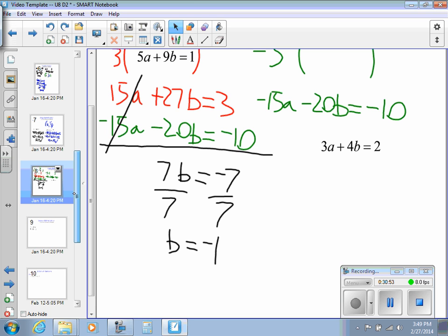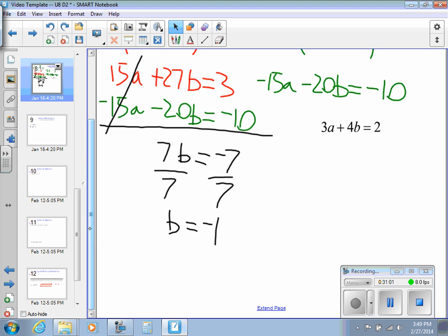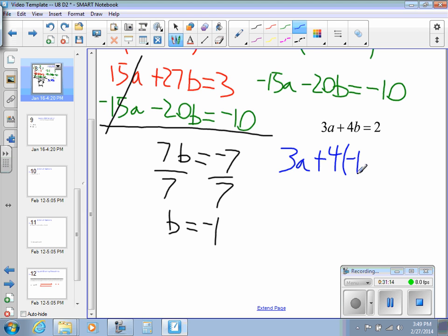And now I'm going to substitute in this -1 for B. So now I have 3A plus 4 times -1 equals 2. Okay, so that means 3A minus 4 equals 2.